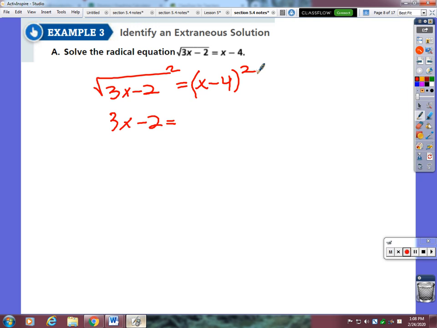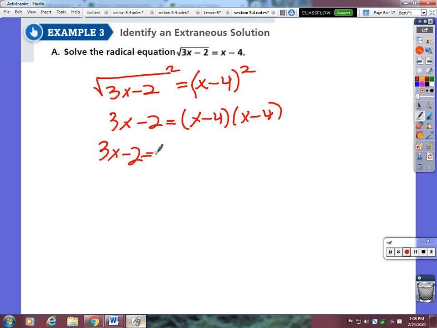And so I need to figure out what x minus 4 squared is. In other words, I need to figure out what x minus 4 times x minus 4 is, because that's what squared means. Okay, so to do that, I'm going to FOIL this out.